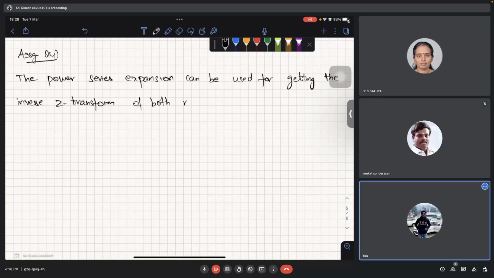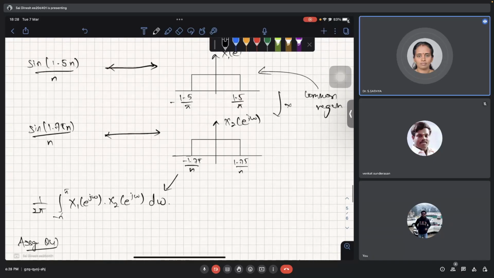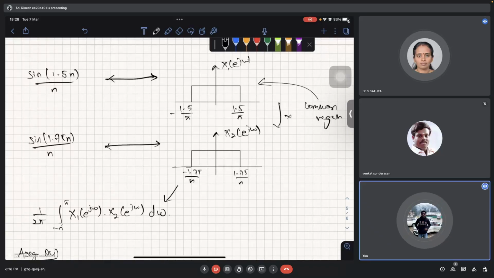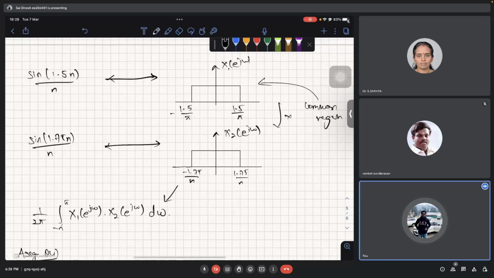Sir, in the previous problem, you told me that for both the graphs, the common region is for 1.75 and minus 1.75. Yes, so that will be the common region.